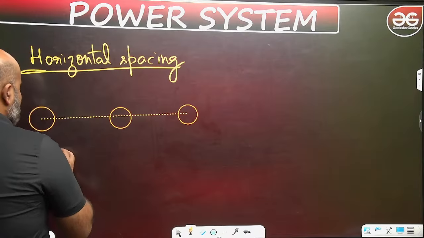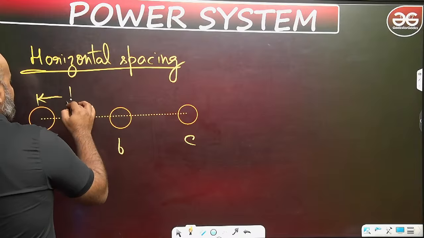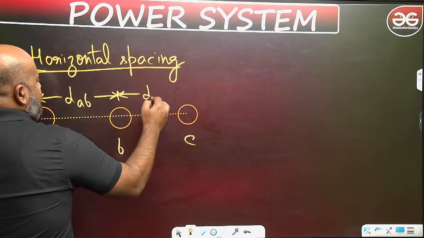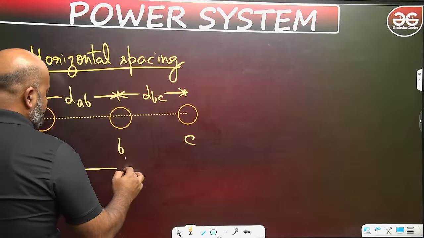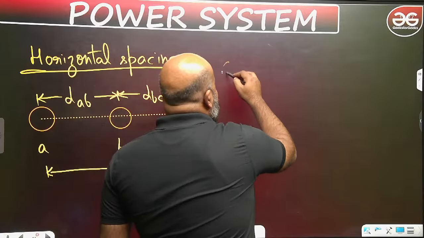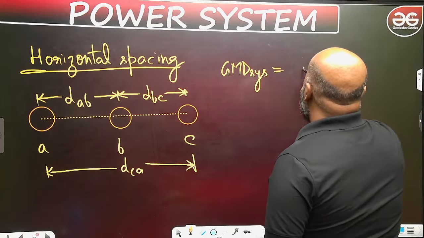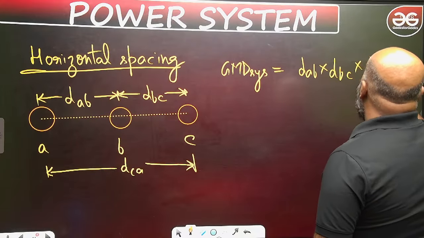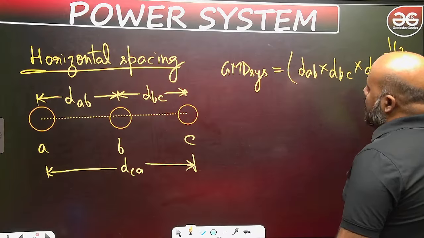So this is going to be A phase, B phase and C phase, and again the interphase distance is going to be DAB, DBC and this is DCA. So again if you have to find the GMD system, you can write it, that is DAB, DBC and DCA. What is the effective root? 1 by 3 because there are three distances.